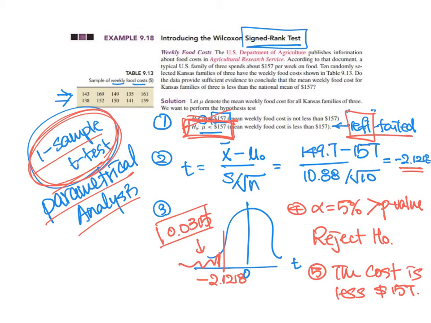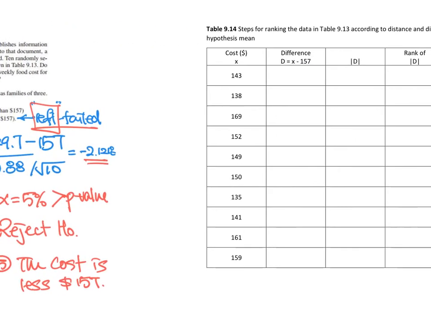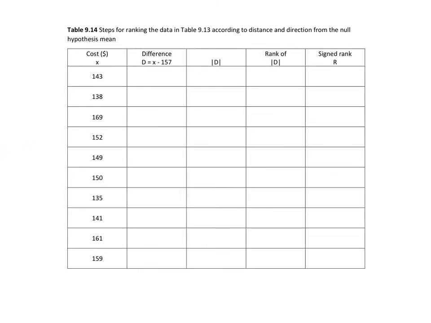Today, let me apply the signed rank test. For the signed rank test, we need the rank. In non-parametric analysis, we are not going to use the original data, so we always get some rank.